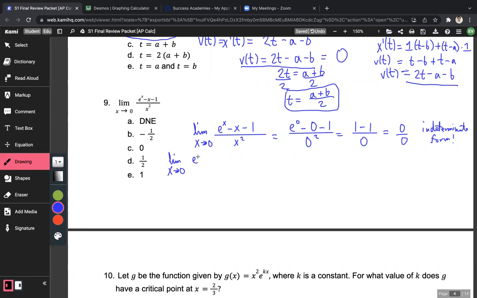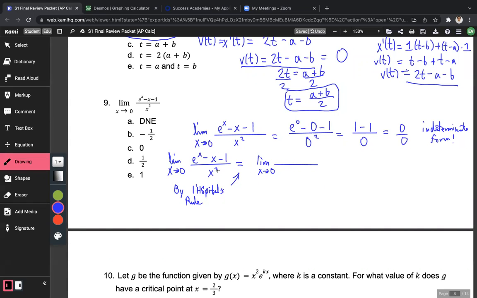If this were an open response question or a free response question, it would make you write out by L'Hopital's rule. And we'll do that here just to be in the habit of it and good practice. So by L'Hopital's rule, those three simple words will be the difference between getting full points and losing points on an FRQ.